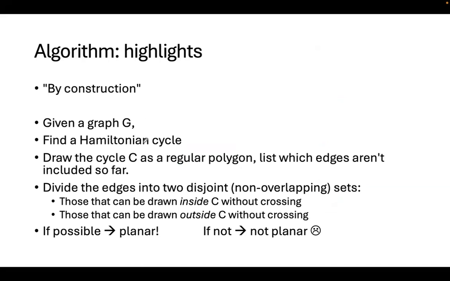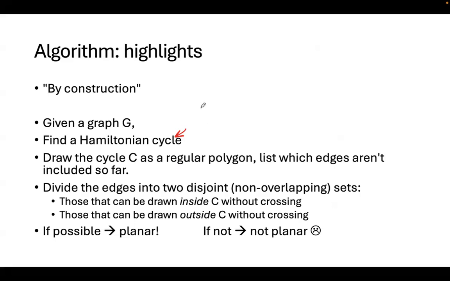To say that a graph is planar, we have to figure out whether we can draw it in a way that no lines cross. This algorithm is kind of by construction. The book doesn't go into very much detail, I suspect because it may be more complicated than that, especially because of this step to find a Hamiltonian cycle, because finding a Hamiltonian cycle is NP-complete.